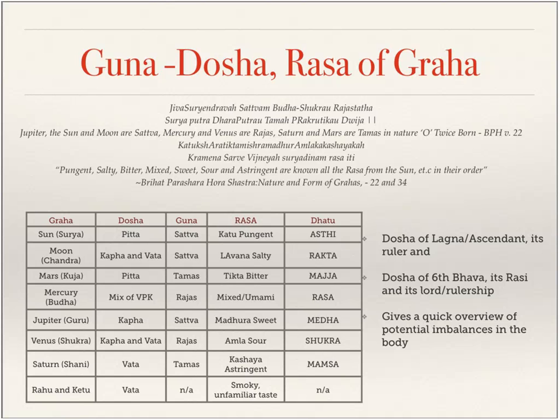Jupiter rules Medha, the fat, the insulatory properties of Guru, the things that keep us contained, that give us insulation and protection. Venus is Shukra, rules the reproductive juices of reproductive and sexual functions within the body. And Saturn rules all the sinews, joints, and muscles of the body.